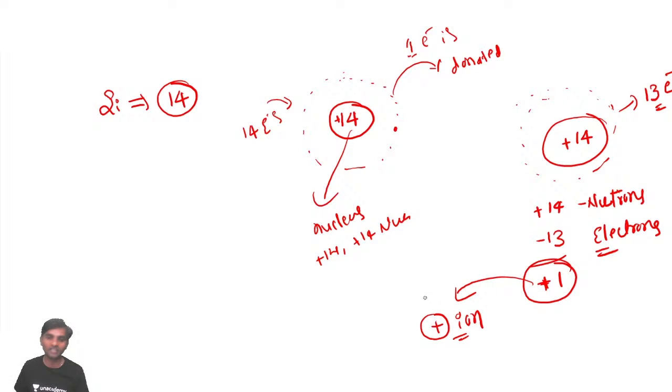By donating an electron, any atom becomes a positive ion.